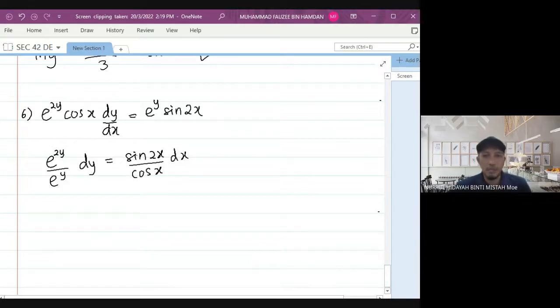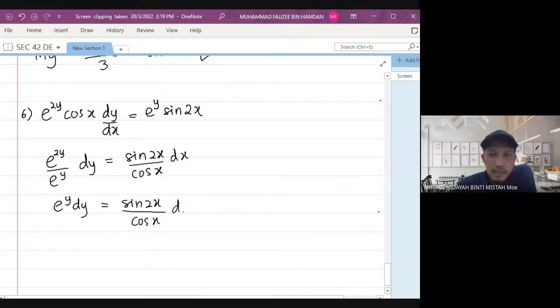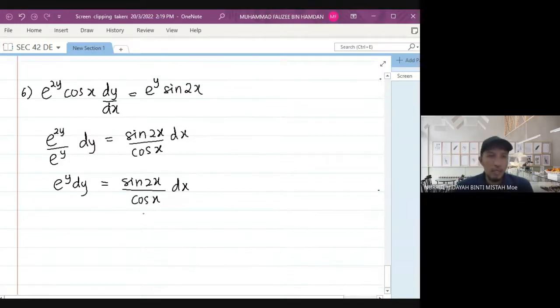How we get this one? No? Okay. So now we can simplify. This is e to the power of y dy equal to sine 2x over cos x dx. So we integrate this one.